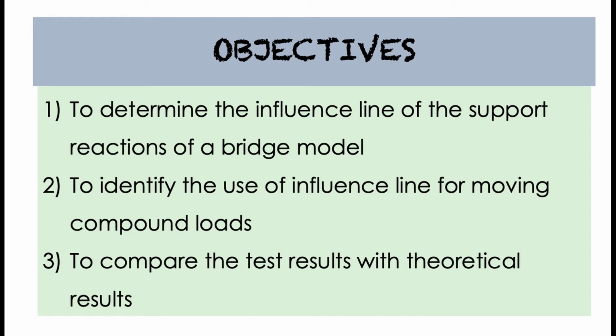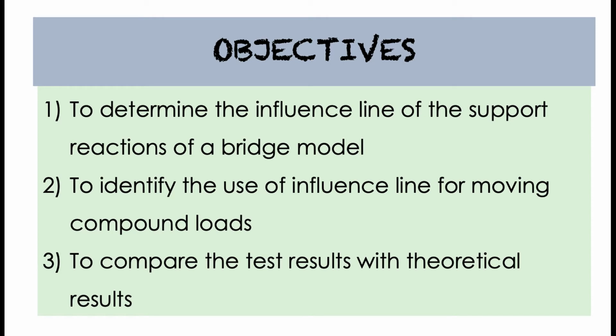So for the lab test, we have 3 objectives, that is to determine the influence line of the support reaction of a bridge model. Second one, to identify the use of influence line for moving compound loads. And the third one, to compare the test results with the theoretical results. So we have so far learned how to determine the theoretical influence line.